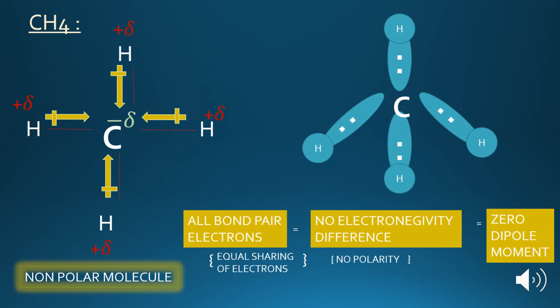Due to this, there is equal sharing of electrons, resulting in no pole formation, and as a result the molecule has a zero dipole moment and is called a non-polar molecule.